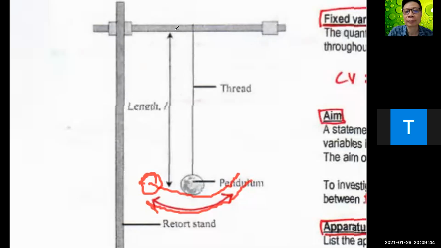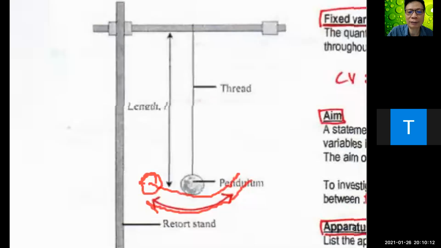Understand? You understand how to count the oscillation or not? So you look at the pen here. I hope you can see that. So when this one swings, go to the right hand side. In your mind, you can imagine it. Okay, so that will be the responding variable.